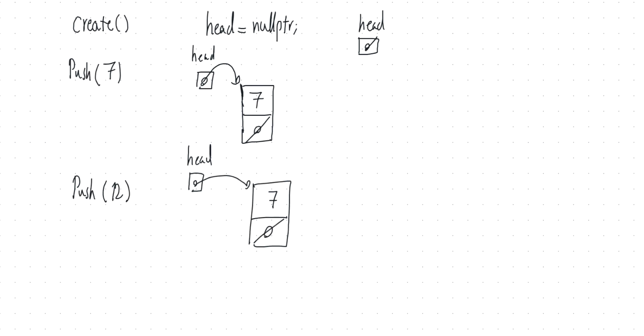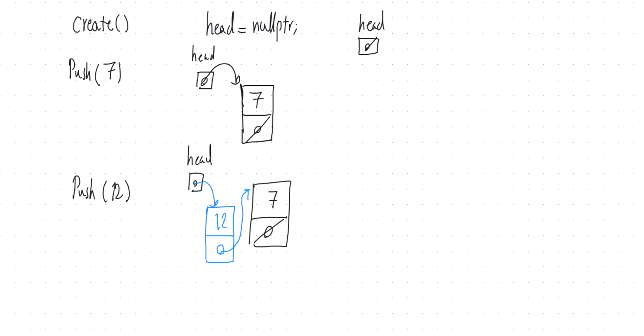What needs to happen is, first of all, I need to allocate memory to a new node, and then write 12 here, and also change 2 pointers, namely the next pointer should point to what used to be the first node, and also head should point to this new node that I just created, because this is the first node now, right?